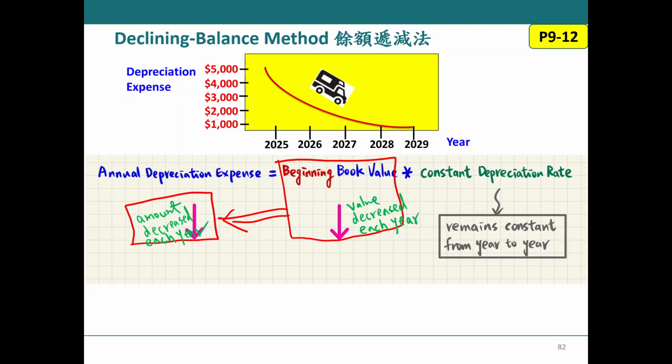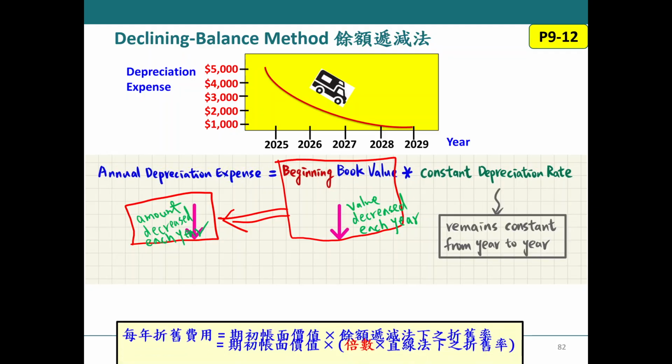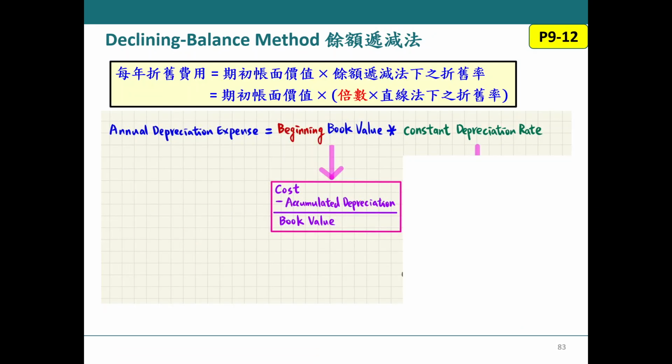Okay. So let's see how to get the beginning book value. The beginning book value is the cost minus accumulated depreciation. You got the book value, right? Okay. So that's how we got the beginning book value. But don't forget, it's on your first day. Okay. Then how is the constant depreciation rate?